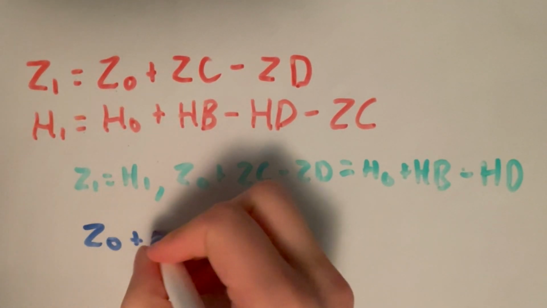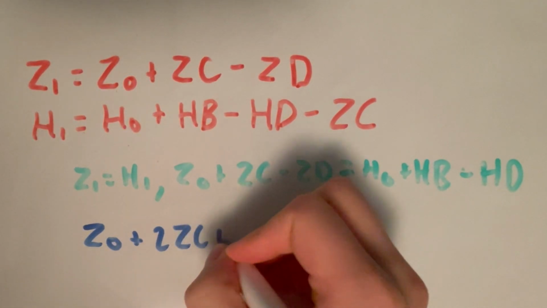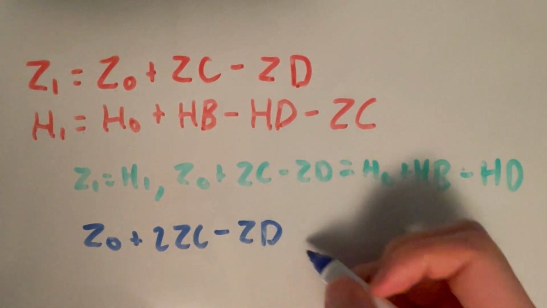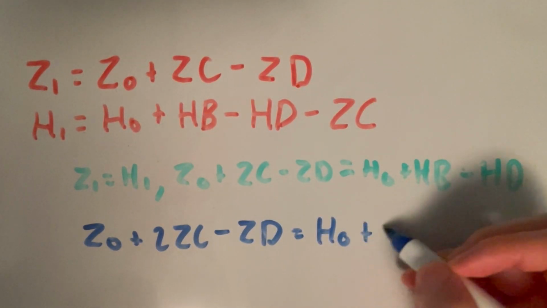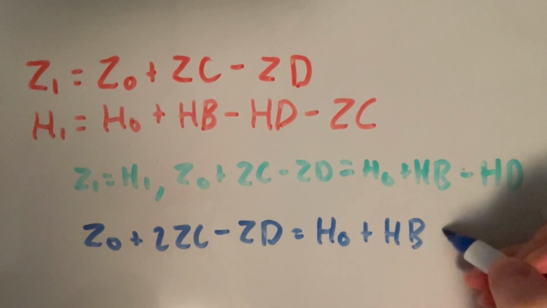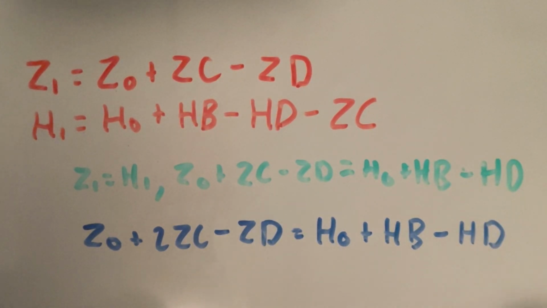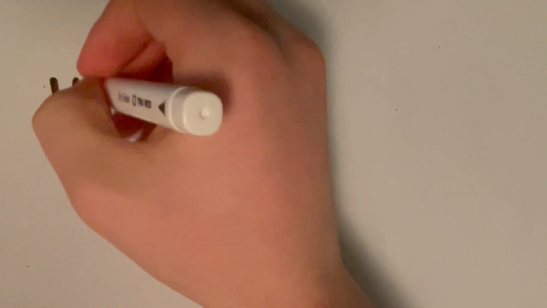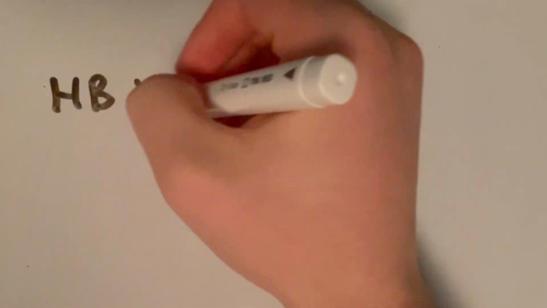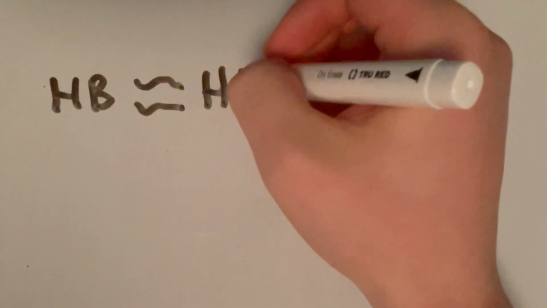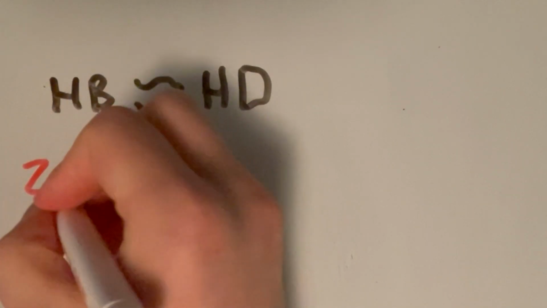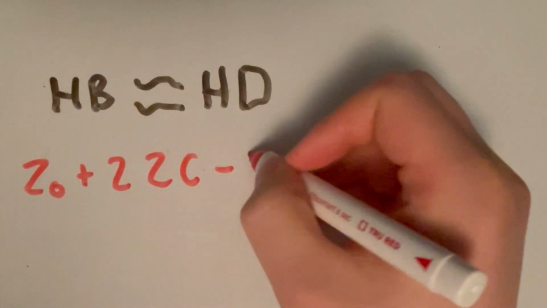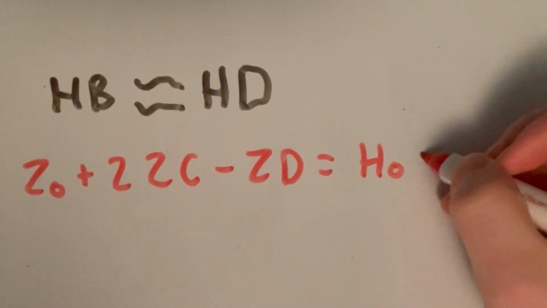We can work with this equation to get Z0 plus 2ZC minus ZD equals H0 plus HB minus HD. Now that we have a clearer equation with 6 unique terms, we only need to find how to properly define them. If we accept that HB and HD outside of zombie contact are similar enough to cancel out, the equation becomes Z0 plus 2ZC minus ZD equals H0 minus HD.